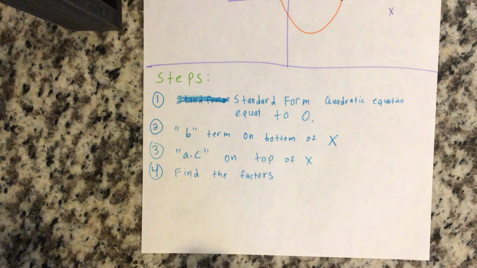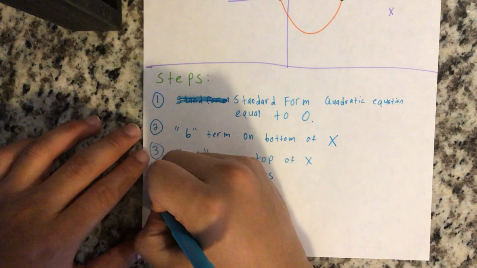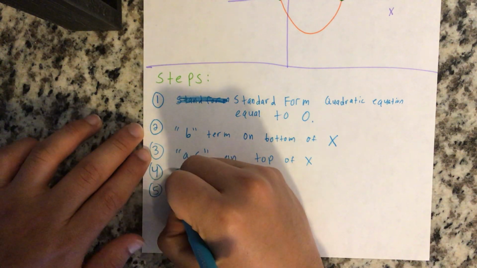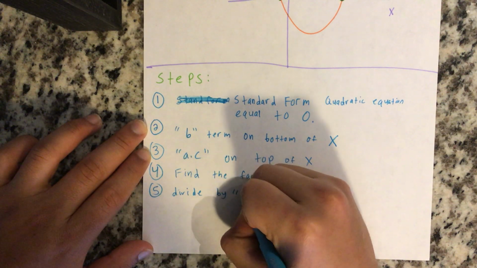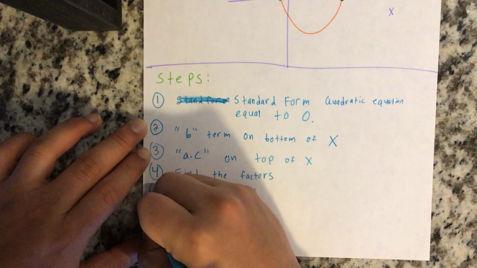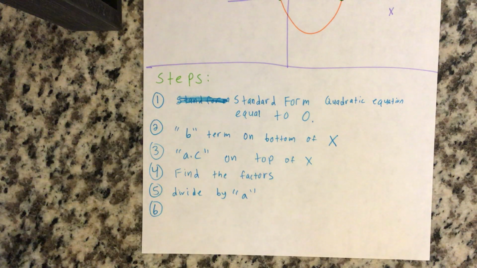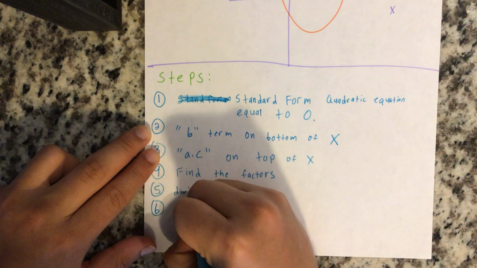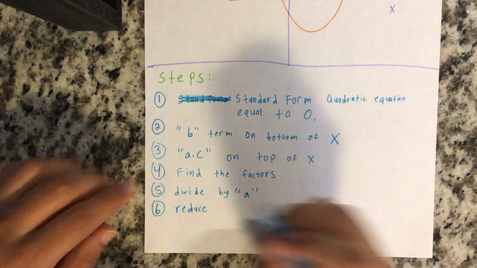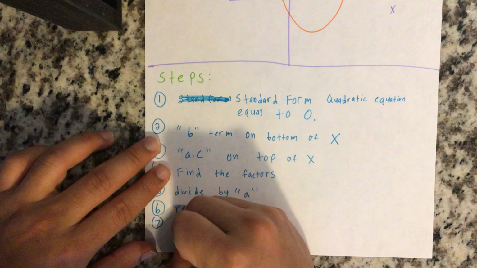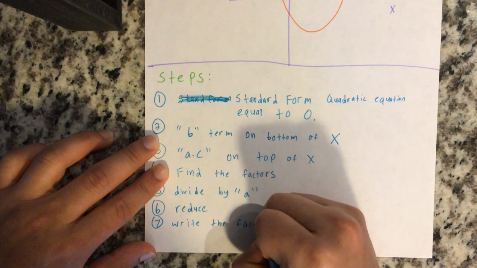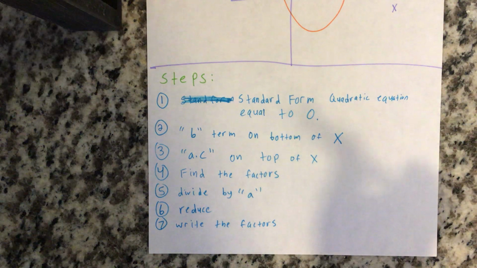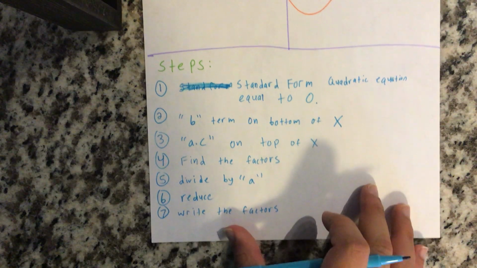I don't need to write all that stuff down because hopefully you should know that. Step five, remember we divide by a, and we'll go over this in a little bit. Step six, we reduce. And then step seven, we write the factors. You might not need to go through this step by step, it just makes sense by now. But if you need these steps, they're right here, okay?